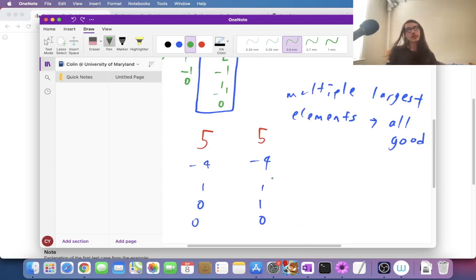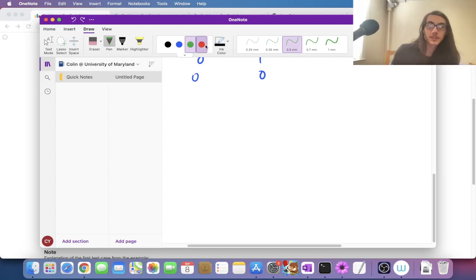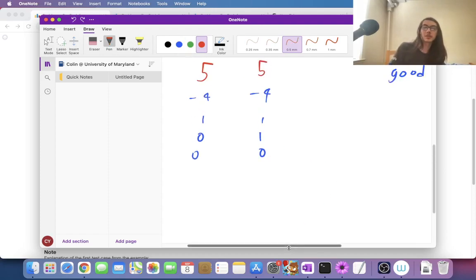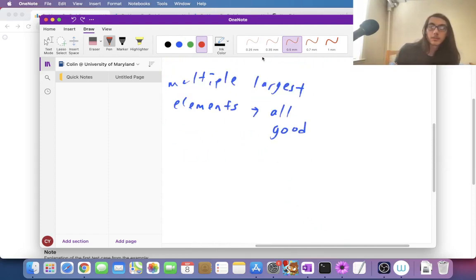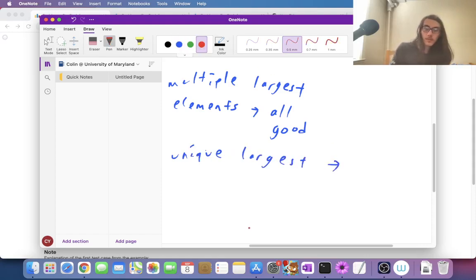Now we assume the largest element is unique. So now we're solving the rest of the problem, where we have a unique largest element. We've concluded that anything less than or equal to 3 has no effect.